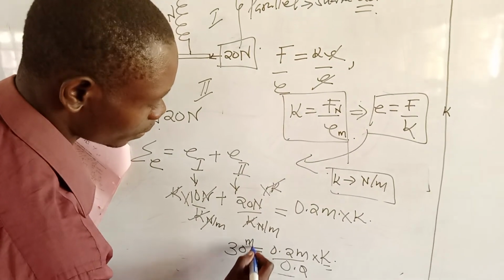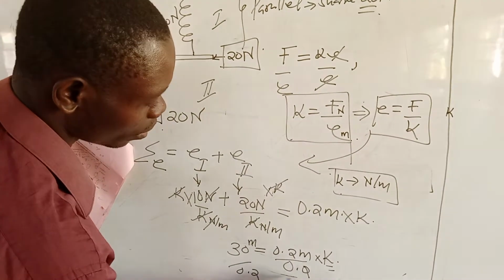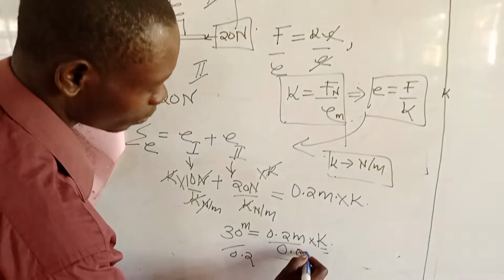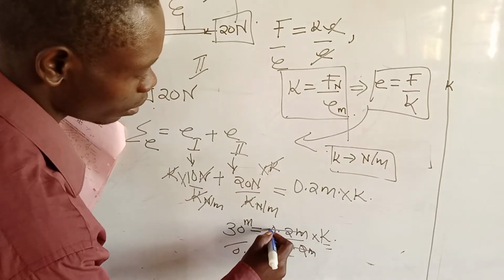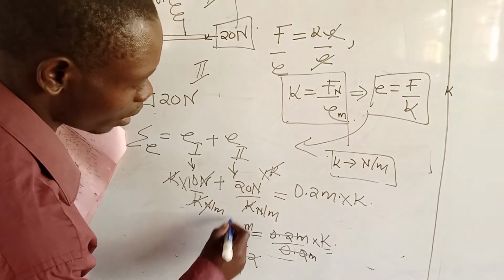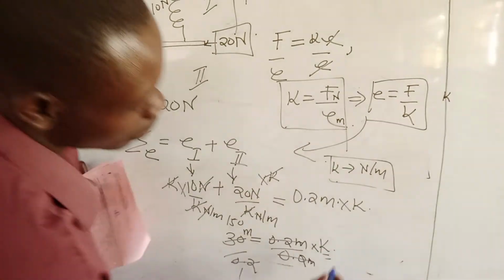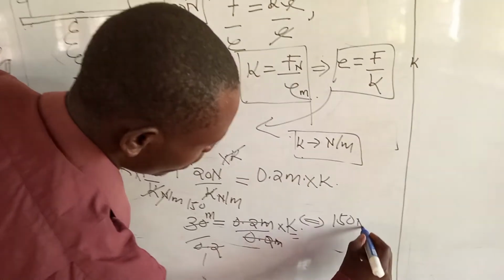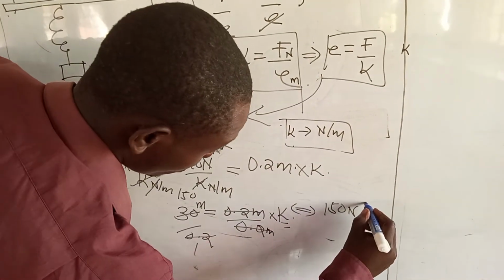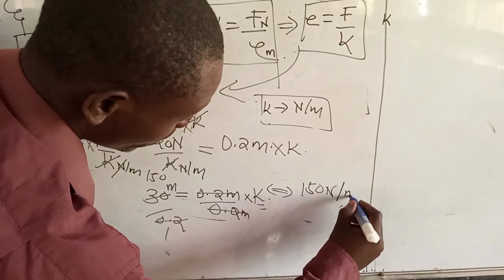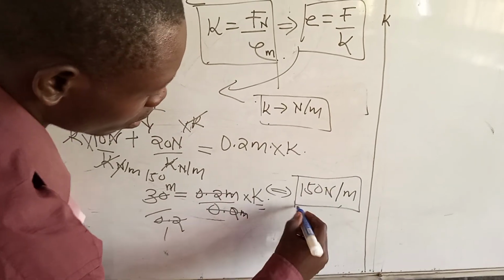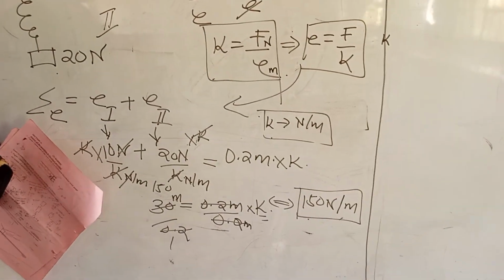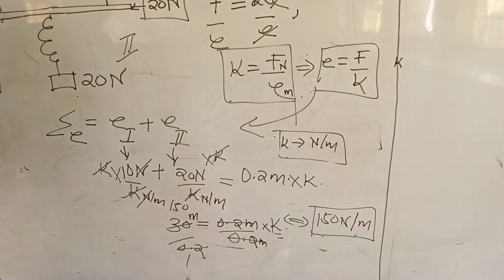Remember, this was in meters, 0.2. So 0.2 meters will go, and then this one goes here, 150 times. So the spring constant is 150 Newton per meter. Like that. Up to this point, I think everything is clear.